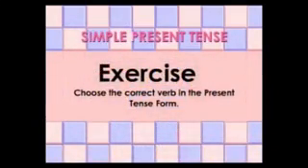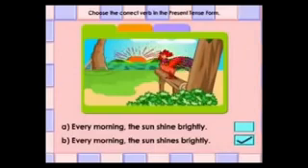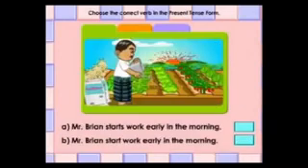Let us do an exercise. Choose the correct verb in the present tense form. Tick the correct sentence. Every morning, the sun shines brightly. Mr. Brian starts work early in the morning.